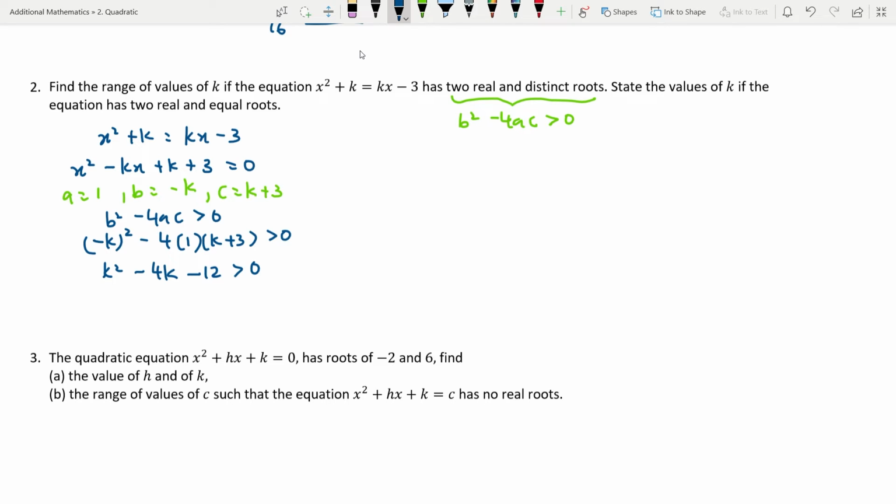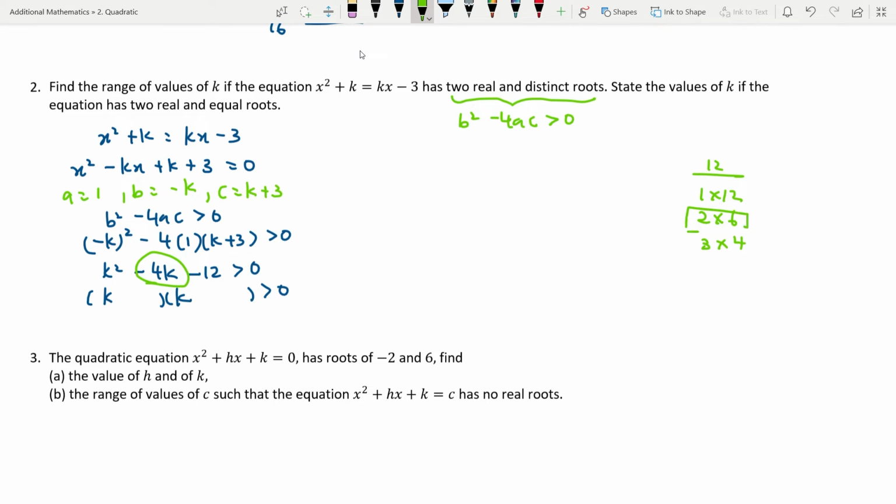This is a quadratic inequality. Let's factorize it. k squared can be separated into k and k. 12 is 1 and 12, 2 and 6, 3 and 4. We need to get a negative 4k over here.